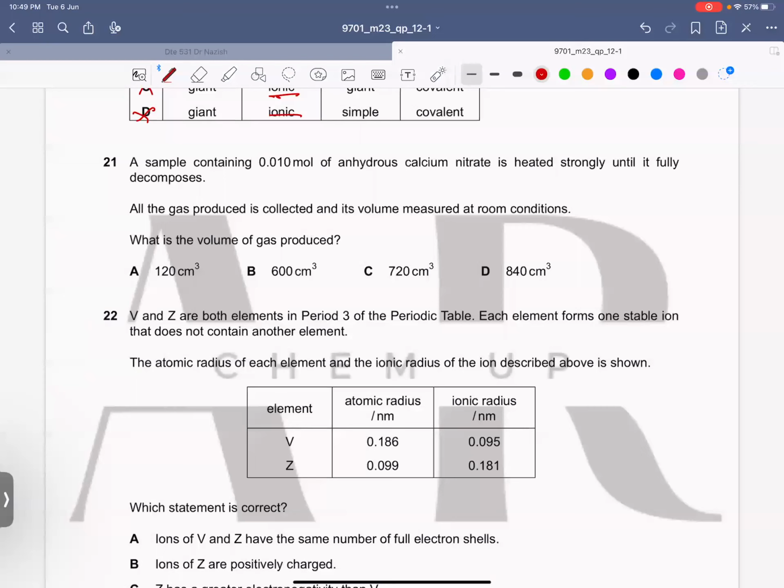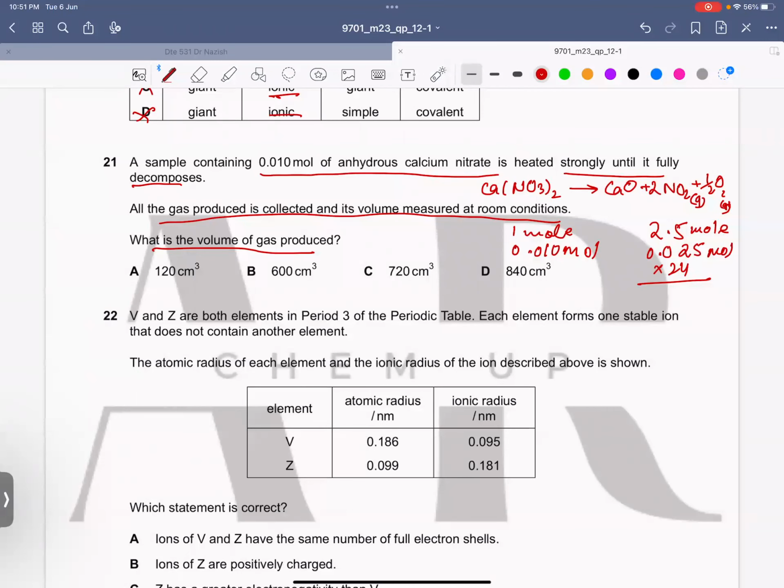So here the moles of gas is 0.025 in this case, and I have to find the volume. Multiply by 24.